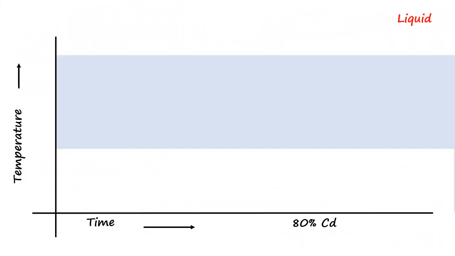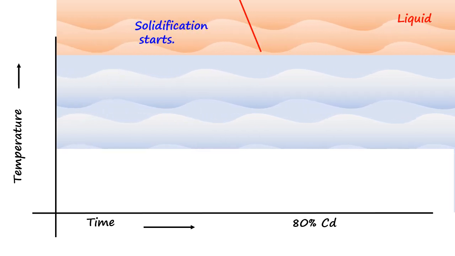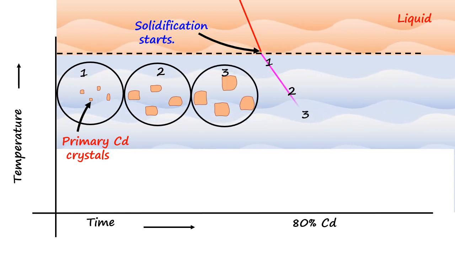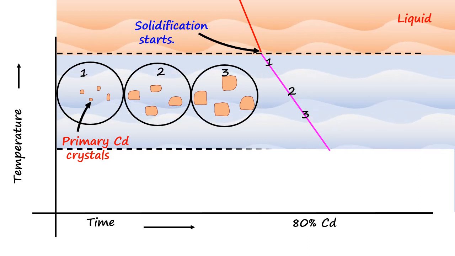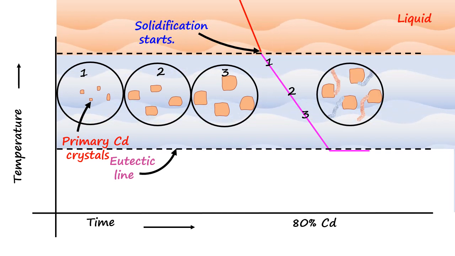Alloy is heated to liquid phase and cooled. When solidification starts, fine crystals of primary cadmium formation will start. As the temperature falls further, these crystals grow. When temperature further decreases, cadmium is depleted from the liquid phase. As the temperature reaches eutectic line, liquid phase components percentage also reaches eutectic composition.